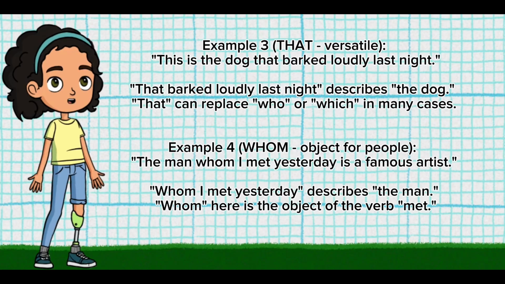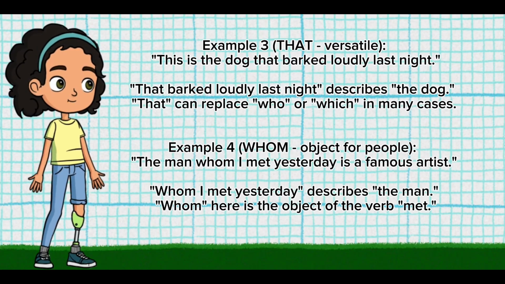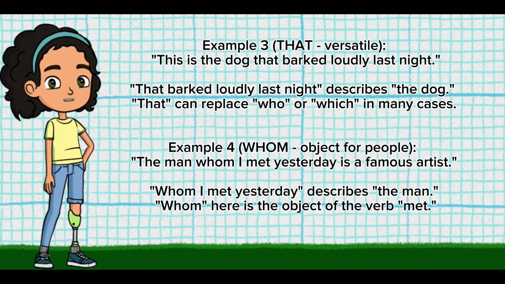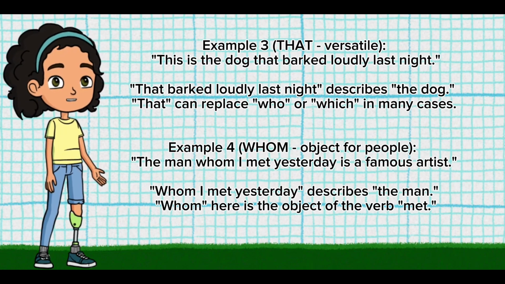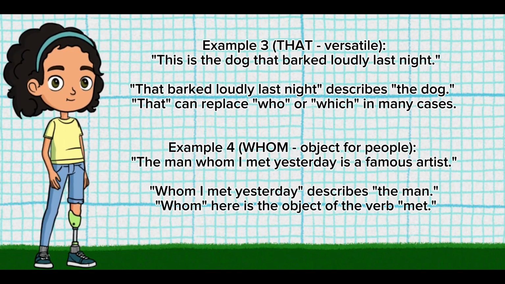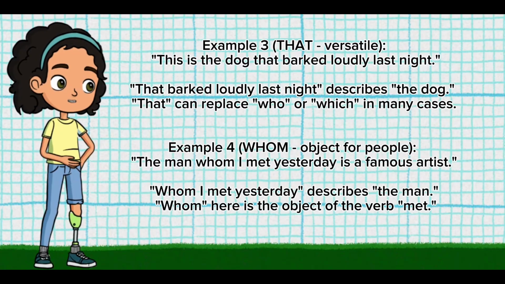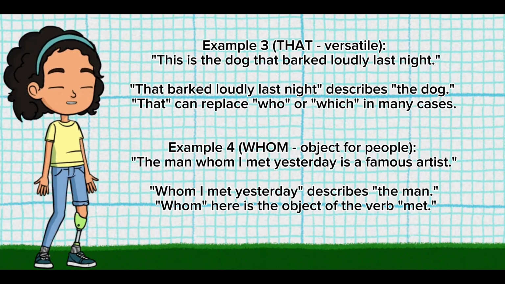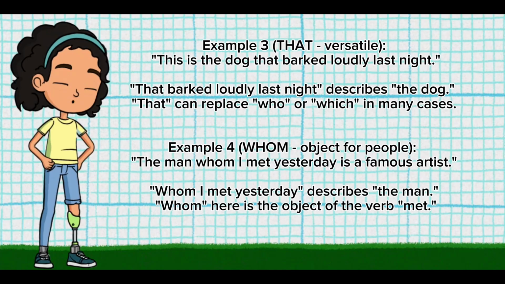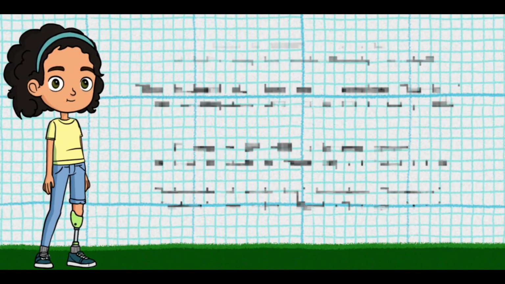The fourth example, we use whom, the object for people. The sentence: The man whom I met yesterday is a famous artist. Whom I met yesterday describes the man. Whom here is the object of the verb met.